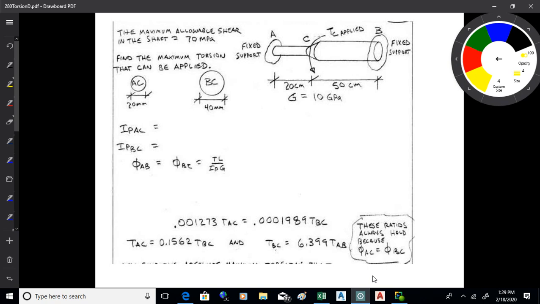So we got the shaft dimensions, the lengths, and the diameters. Why don't you find I sub P from A to C? So what's that moment of inertia from A to C?